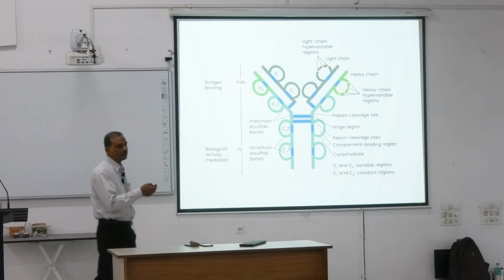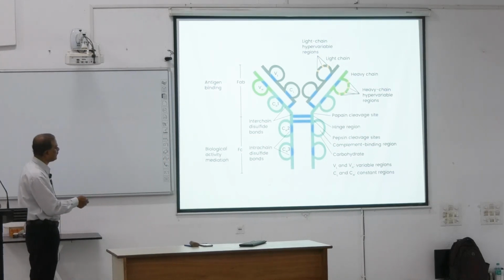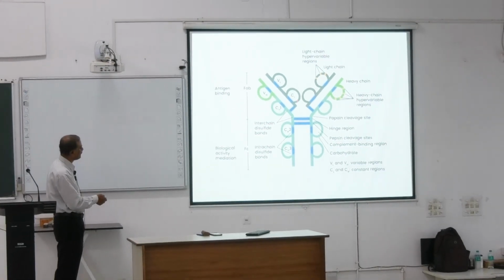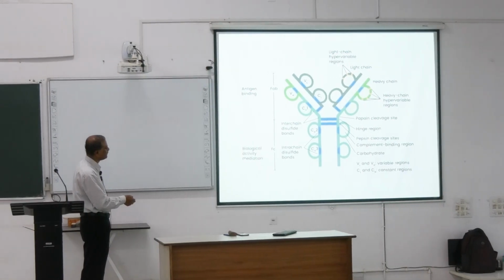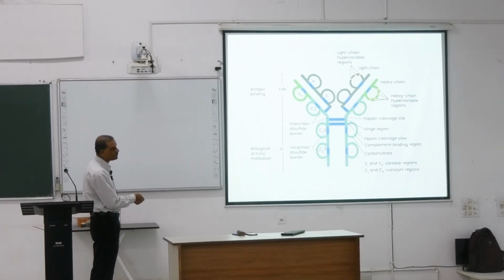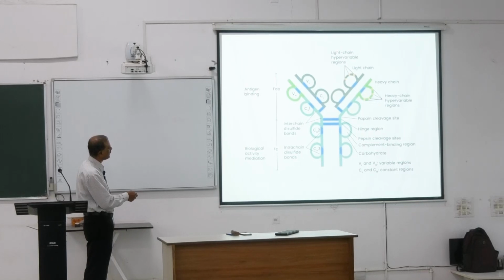So if we go a little deeper into that light chain region, this binding region, this variable part, there is a hypervariable region, and there are three dotted lines. You can see the dotted areas, and that is the reason why we get so many diverse antibodies in our body.